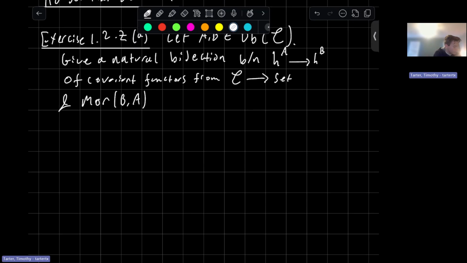Let's see, what does the superscript mean? The superscript means that it's a covariant functor. An example 1.1.4. Oh, okay, he's doing the weird thing where he references ahead. 1.1.14.